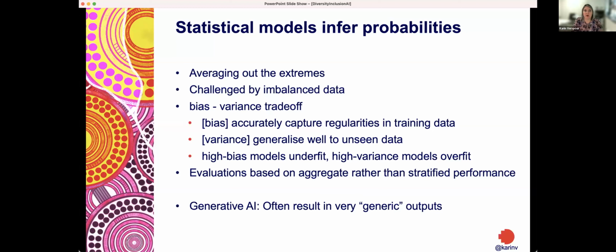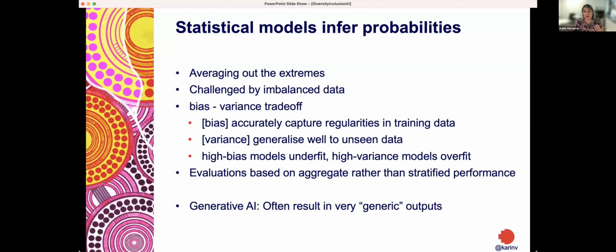So why is this? Well, it's because ultimately statistical models infer probabilities, right? And if we have biased data and we're counting things that happen, we end up trying to fit a model that captures regularities. And if the data itself is biased, then the models will again capture bias, and that's the job.